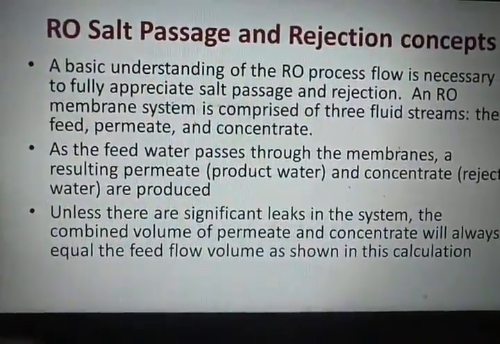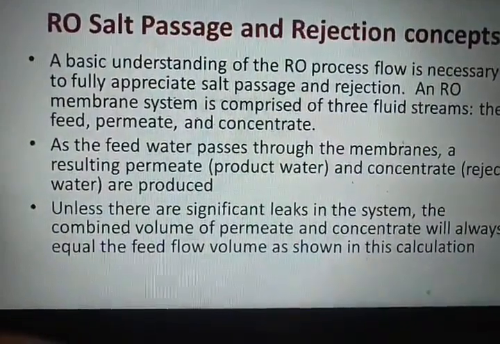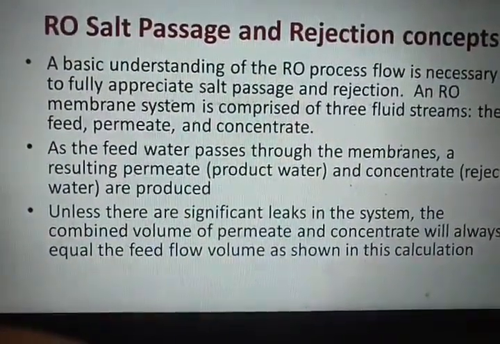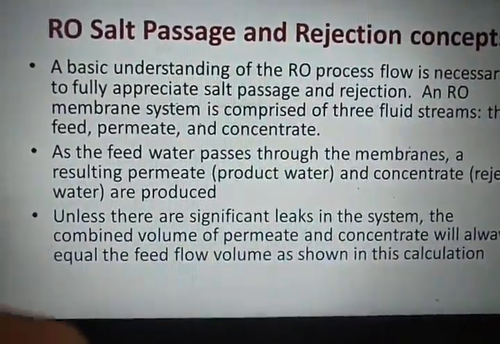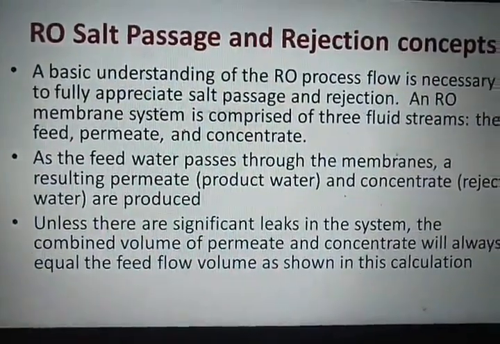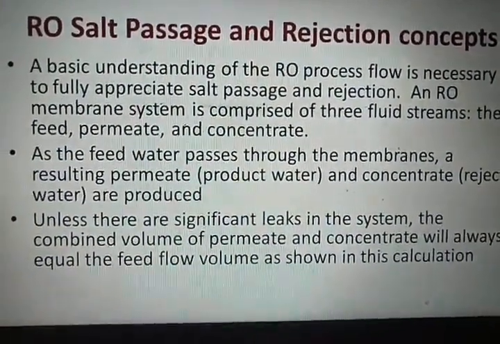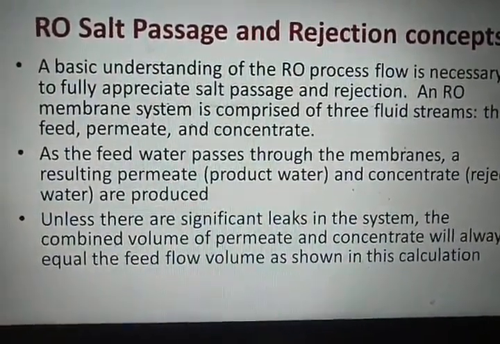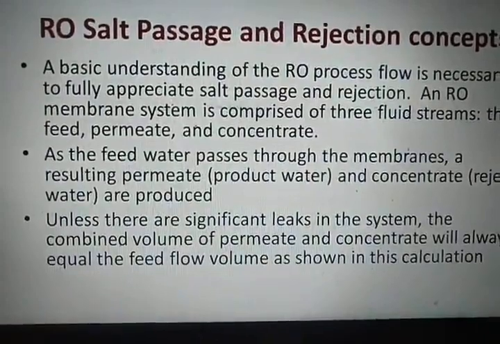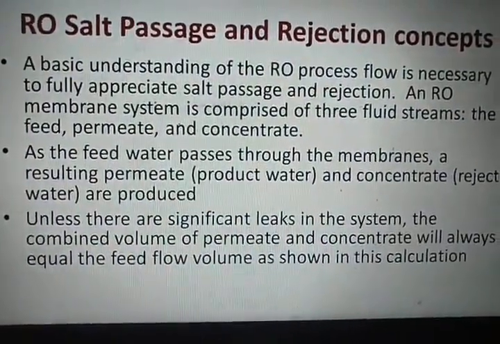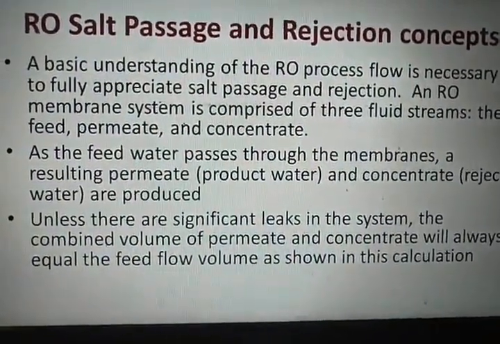Here the basic understanding of the RO process flow is necessary to fully appreciate salt passage and rejection. The RO membrane system comprises three fluid streams: the feed, the permeate, and the concentrate. Let us understand what these terms mean.